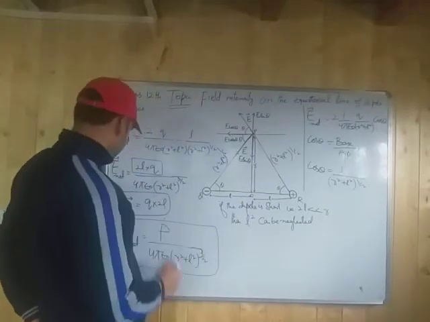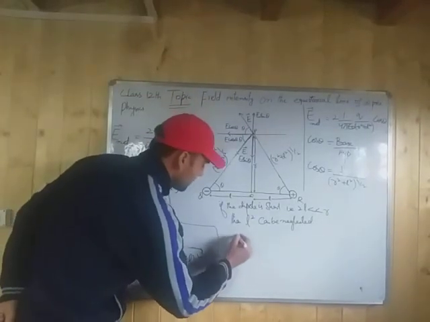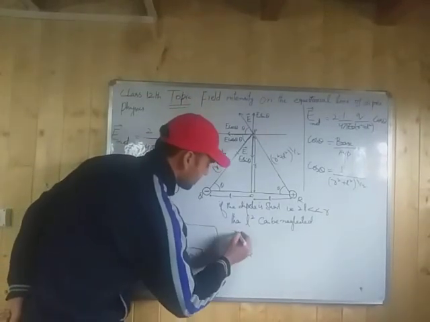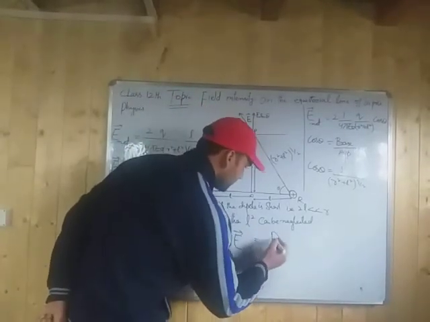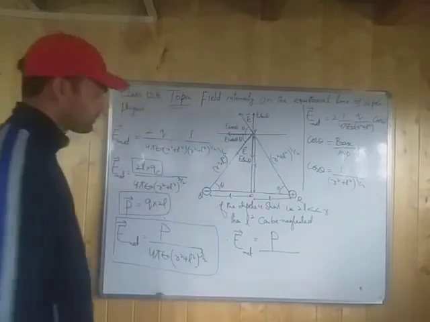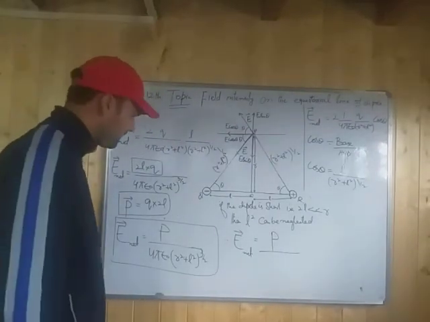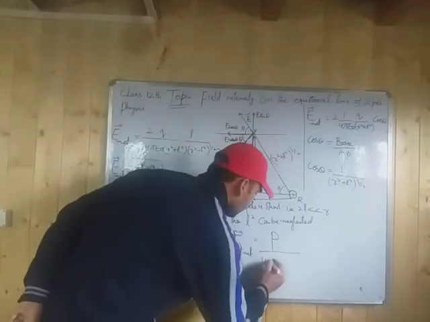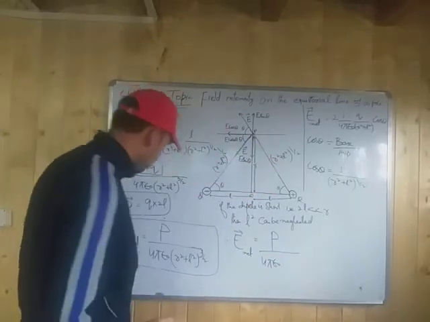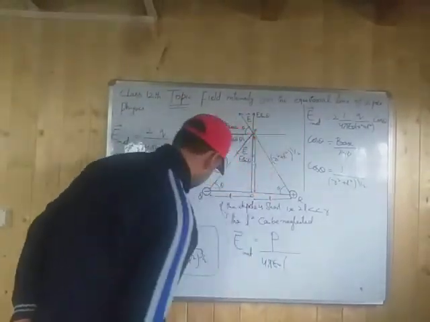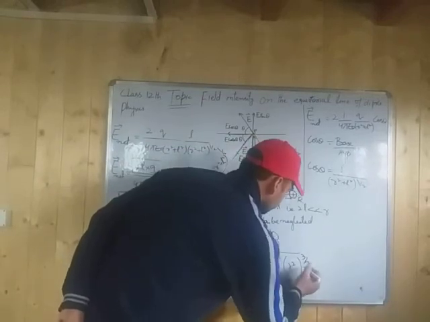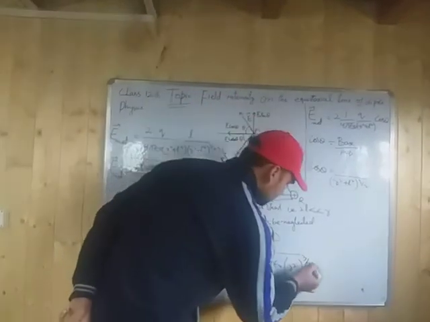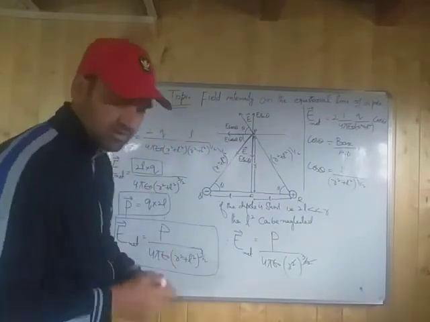So then we can write, therefore, E net is equal to dipole moment P divided by 4 pi epsilon naught into R square raised to power 3 divided by 2. This L square can be neglected, and the powers will cancel.